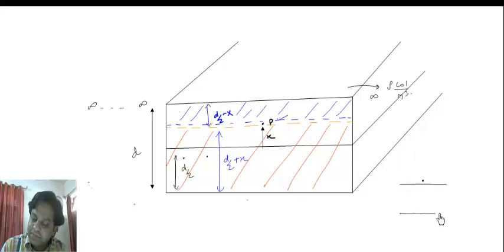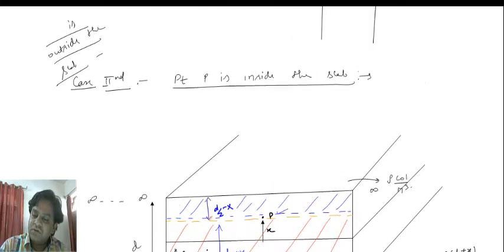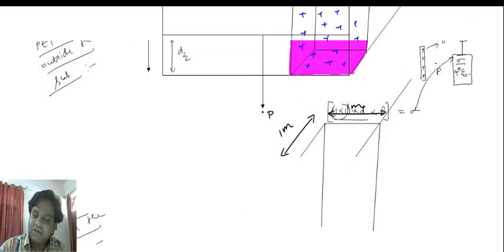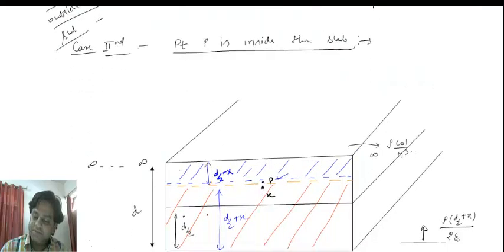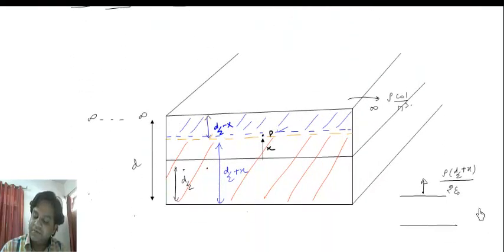Due to the lower slab, the electric field at this point P is in the upward direction, and this electric field will be simply rho into d by 2 plus x, divided by 2 epsilon naught. I have just used the result that I just derived.